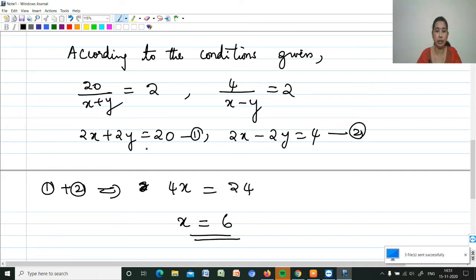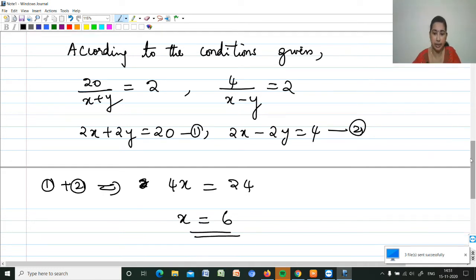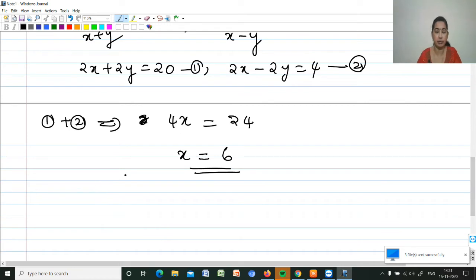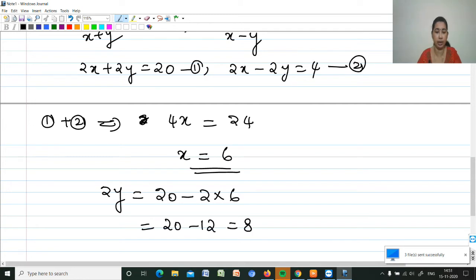Putting this value in either equation, we can get y. So 2y is equal to, putting in the first one, 20 minus 2 into 6, that is 20 minus 12, which is equal to 8, or y is equal to 4.